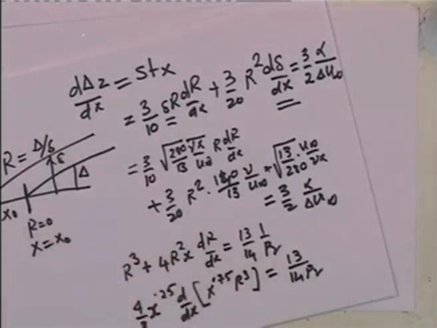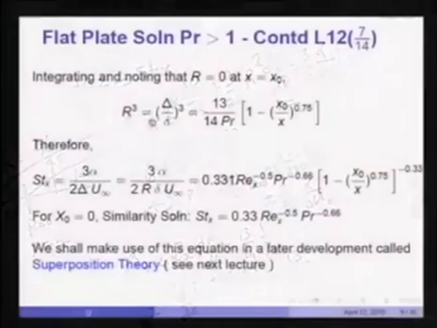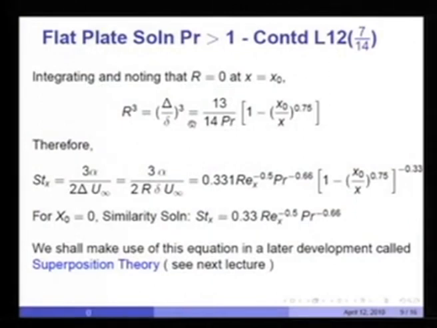If I make use of that, then I get the solution that r cubed equals delta by delta whole cube equal to 13 by 14 Prandtl number into 1 minus x naught by x raised to 0.75.